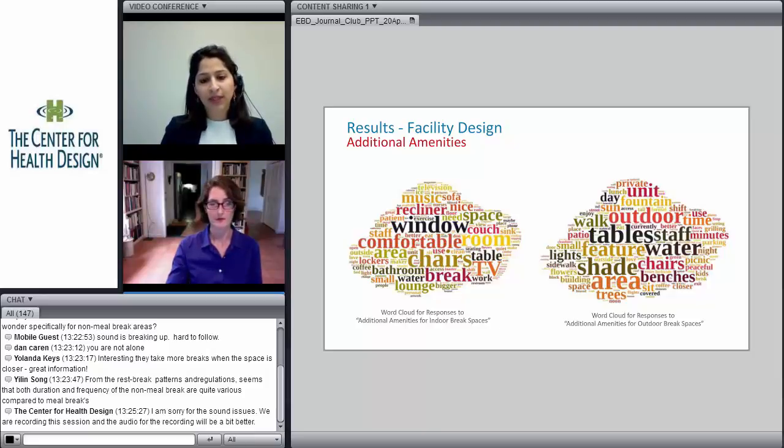For indoor break areas, repeatedly they said window, comfortable chair, recliners, music. And for outdoor, we saw shade, fountain, benches, water. So it was interesting in terms of what additional amenities they wanted to have.